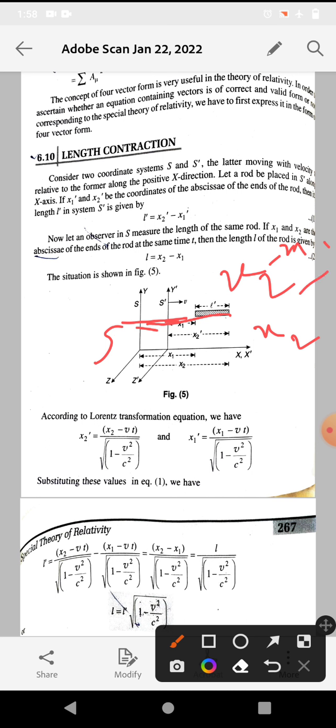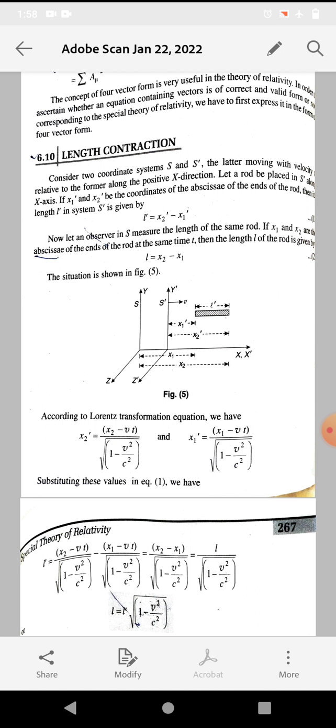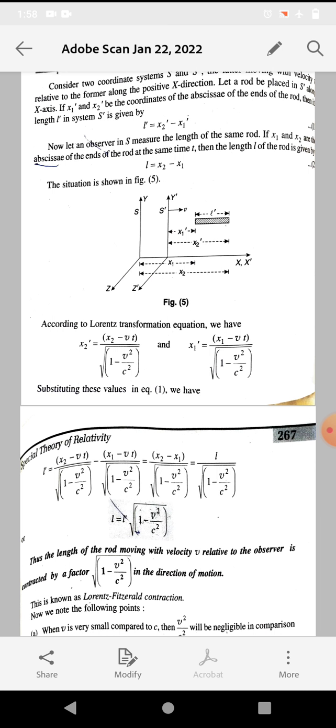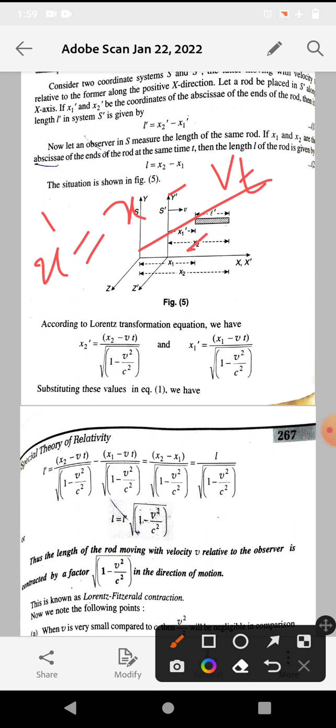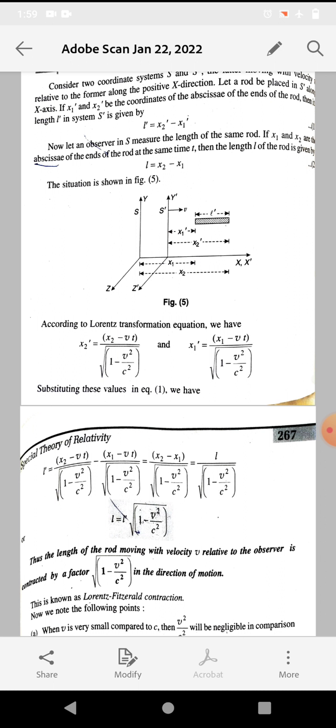By using the Lorentz transformation, x dash is equal to x minus vt by under root of 1 minus v square by c square. We apply this to the two coordinates x2 dash and x1 dash.